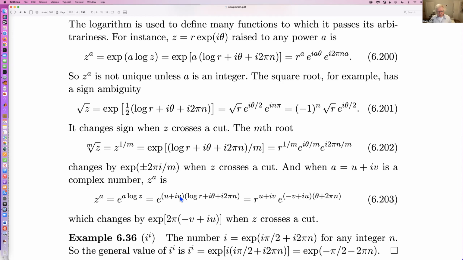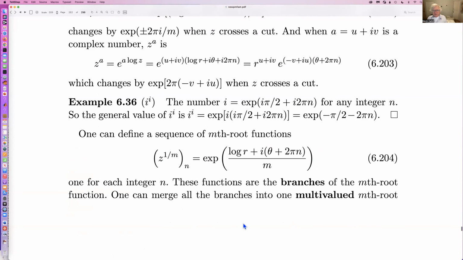This is e to the u plus iv, and log z is log r plus I theta plus our convention 2 pi n times I. We multiply this out, we get the naive expression, and then a rather complicated thing, because it's e to the minus v plus iu times theta plus 2 pi n. And this changes by e to the 2 pi times minus v plus iu when z crosses a cut.